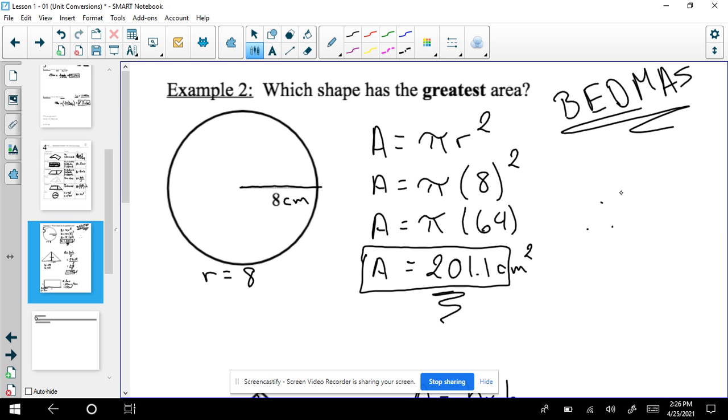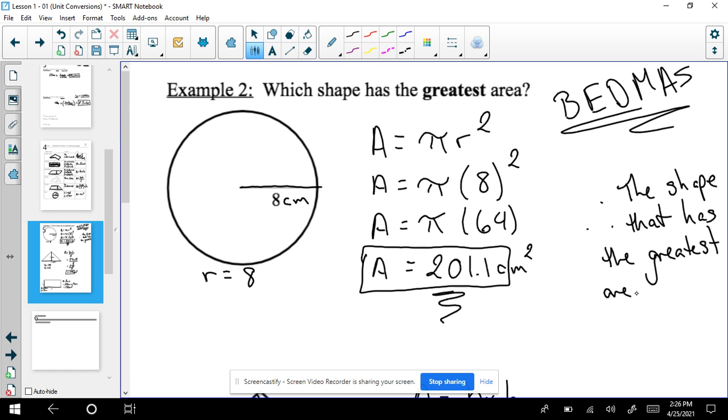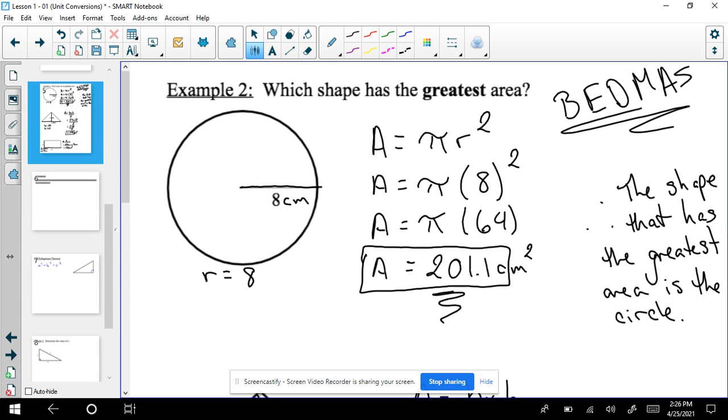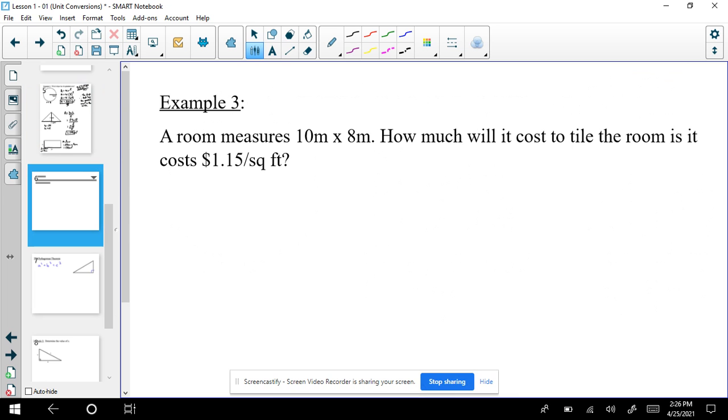Therefore, the shape that has the greatest area, hopefully you guys can actually read this, is the circle. So don't forget, for word equations and stuff like that, we always need to remember the therefore statement. Okay?